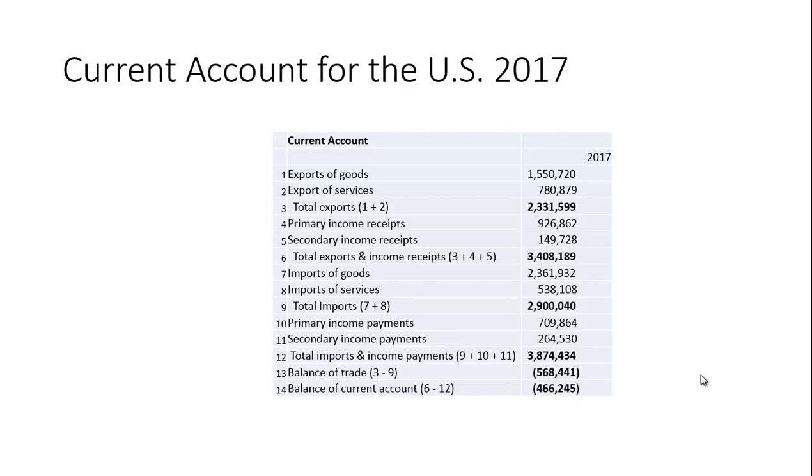So you can see that if you go to this Bureau of Economic Analysis site and you print this off, you can actually see how much more we're importing than we are exporting, so what our trade deficit is, okay? And we can also see what the current account balance is. In this case, we're running a deficit because it's negative. So in another video, I'll talk about the capital account and the financial accounts.